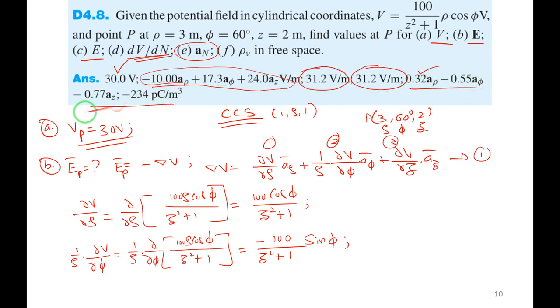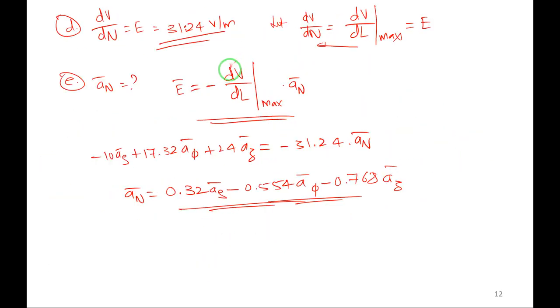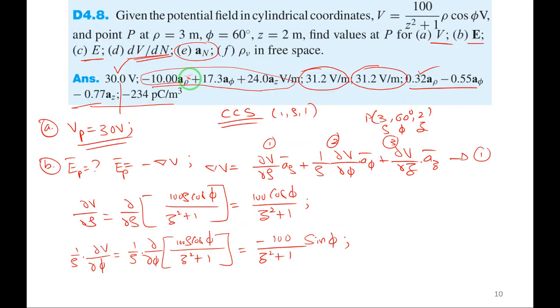This is not over till here. This one we'll see. Then part F: you have been asked to calculate rho_v in free space. We have all the data, so how to calculate rho_v? We have V. We did this in the previous problem.